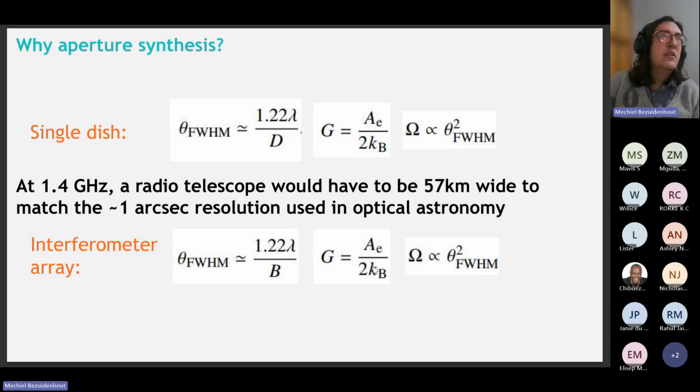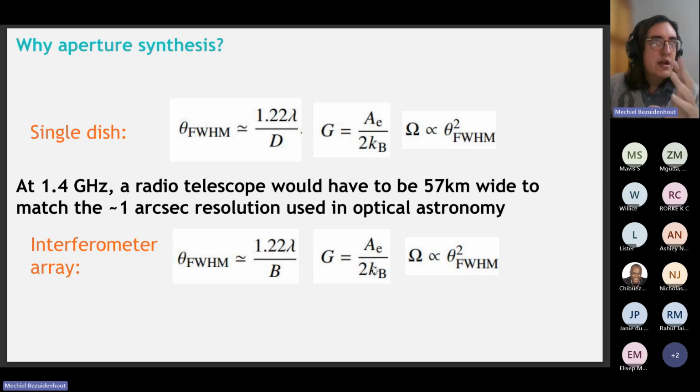So you want to build a big dish to have a fine resolution and a big sensitivity, but the bigger that you build it, the smaller the area on the sky that you can observe at a given time. That means any survey that's untargeted or all sky is going to take longer and longer, because you have to move that small beam across the sky very slowly.